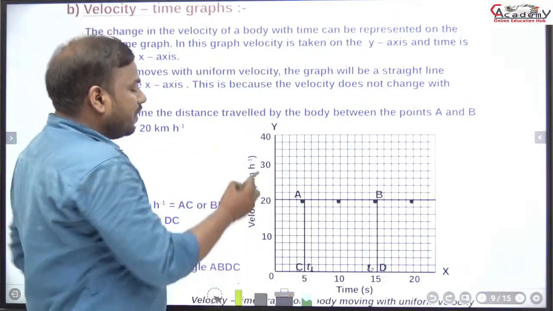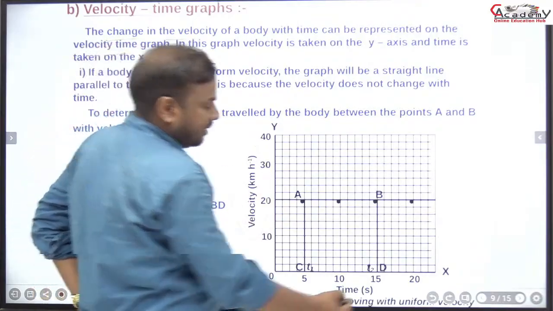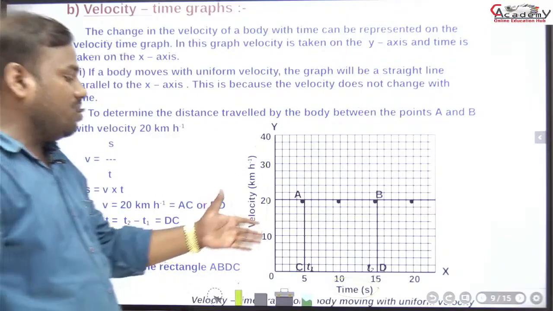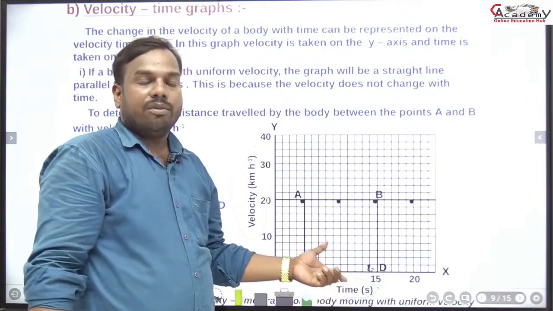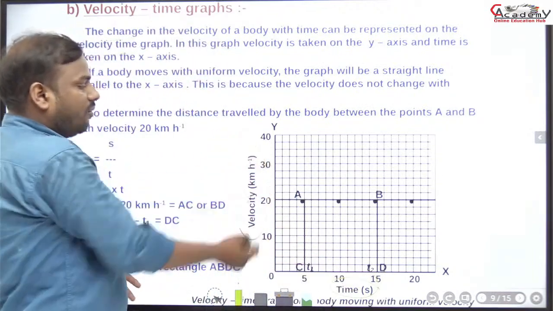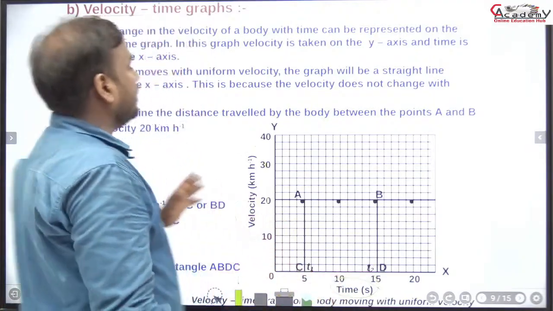Here we take velocity on the y-axis and time on the x-axis. We always take time on the x-axis. Why? Because velocity depends on time. The dependent value is represented on the y-axis and the main value on the x-axis.